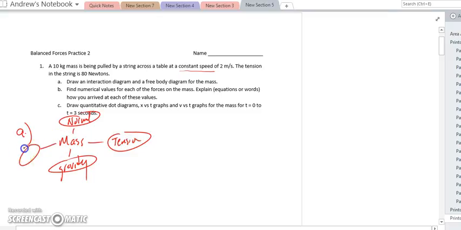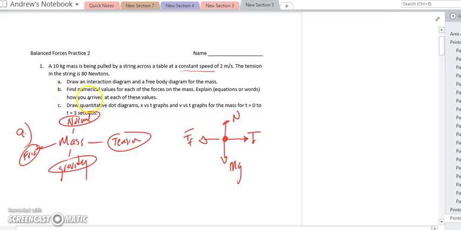And we know that there's friction. So now for the free body diagram, I just know that my tension and my force of friction cancel out. And I know that my normal force is canceled out by the force of gravity. And this one should be a little bit shorter here.